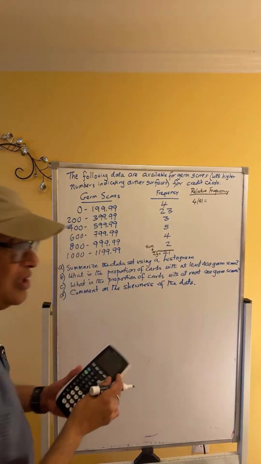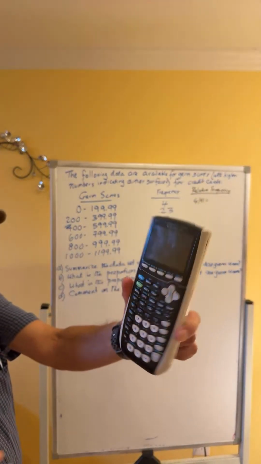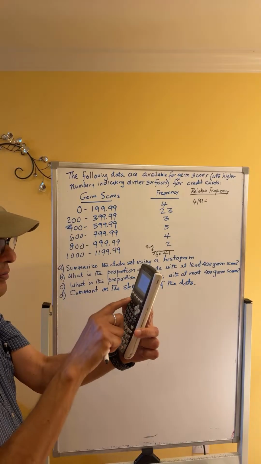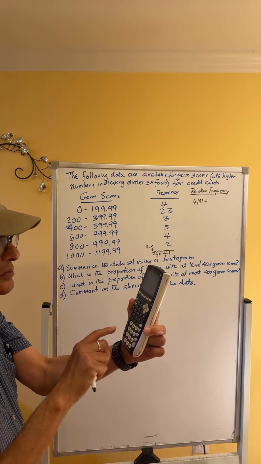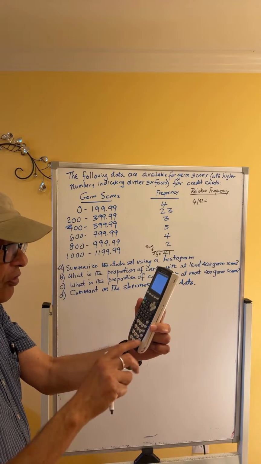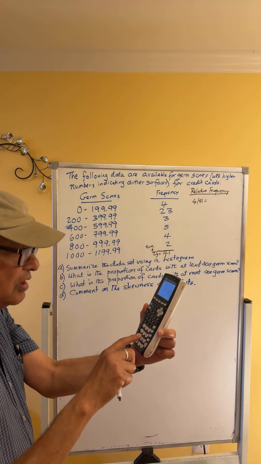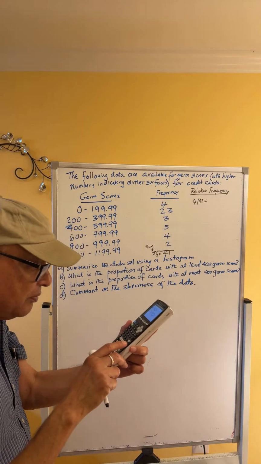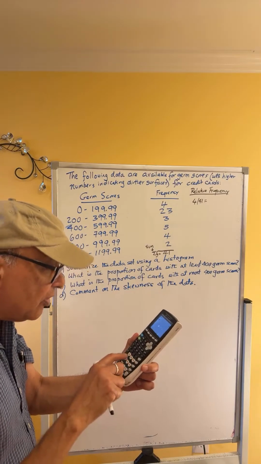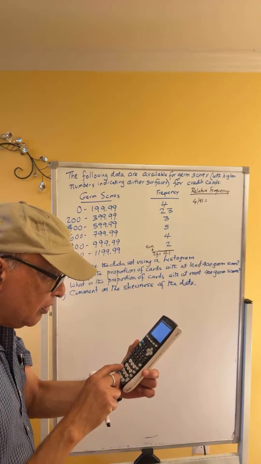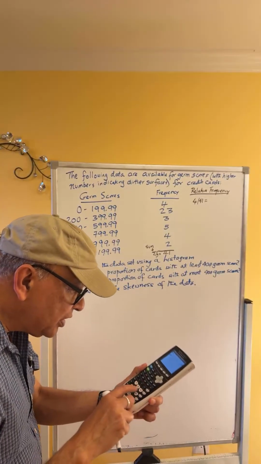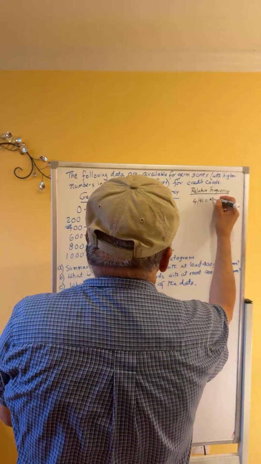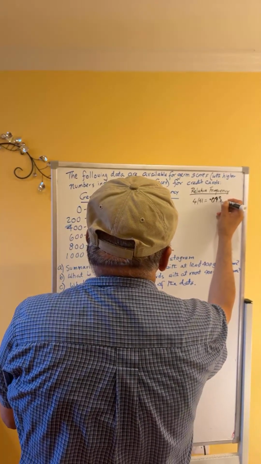We use our calculator, the TI-84. This is what I constantly use. So I'm going to type 4, then divided by 41. 4 divided by 41 is equal to 0.098.